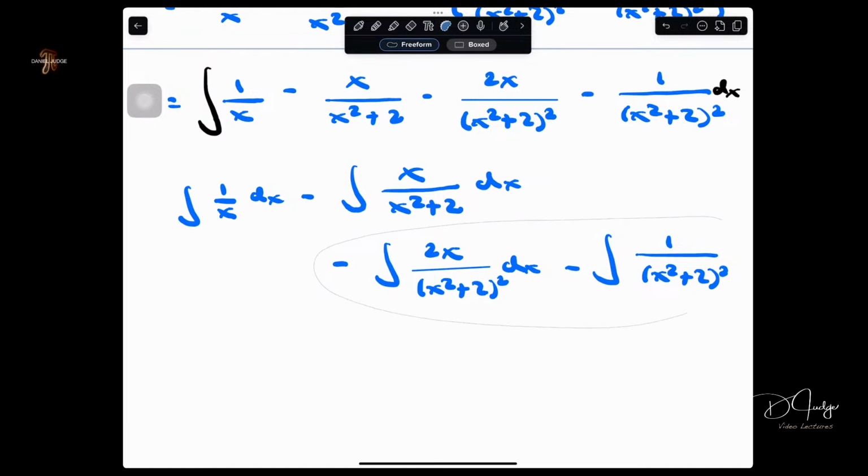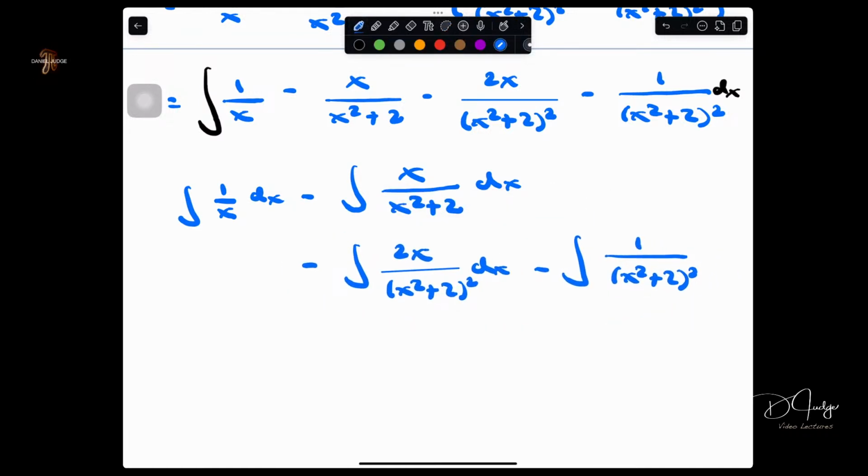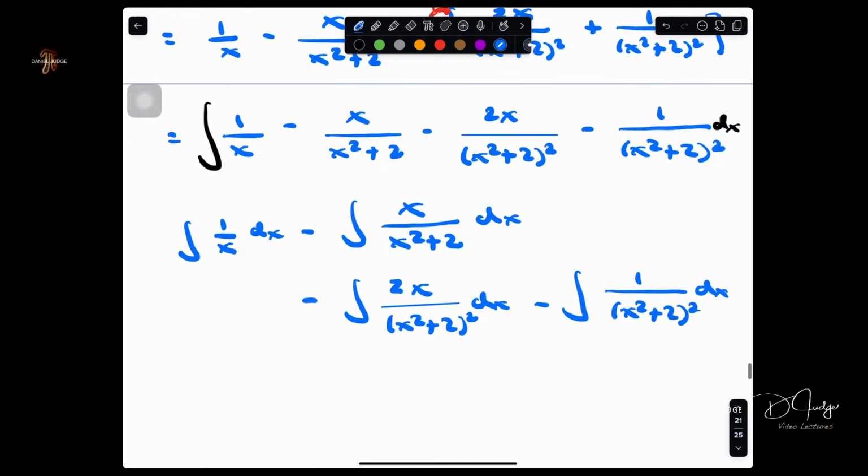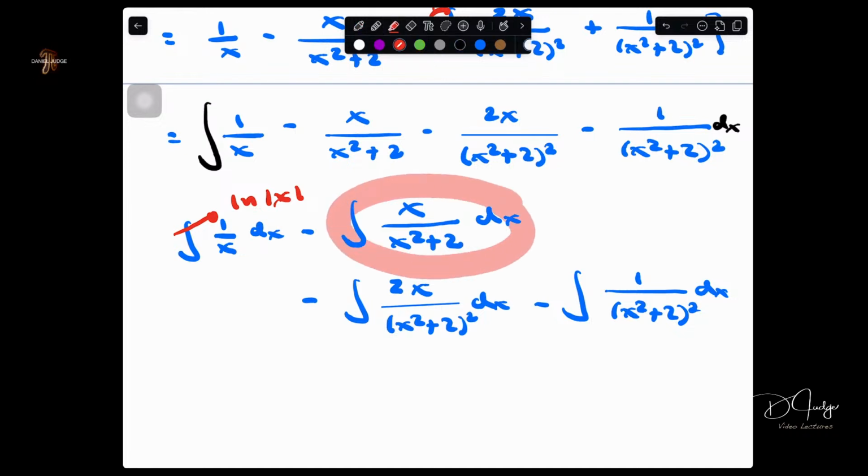So this is going to be 4 integrals. By properties of integrals, we now get 4 integrals. The first one is the natural log absolute value of x. It's pretty simple. The second integral here, we're going to have to use u-substitution, where u is going to be x squared plus 2.